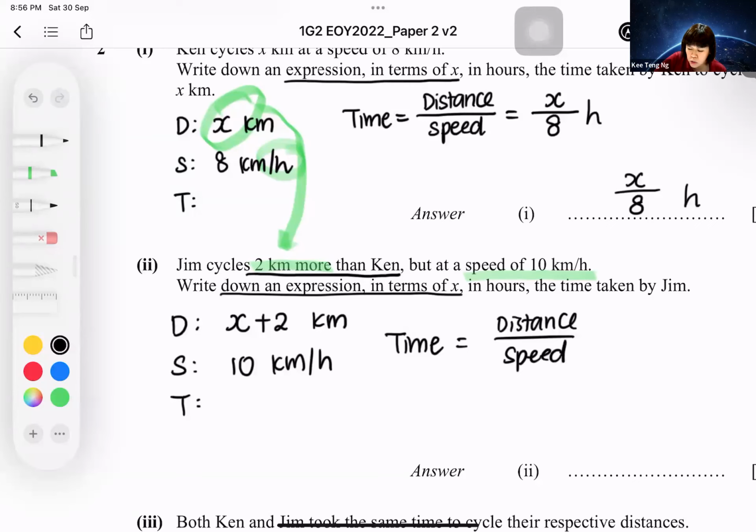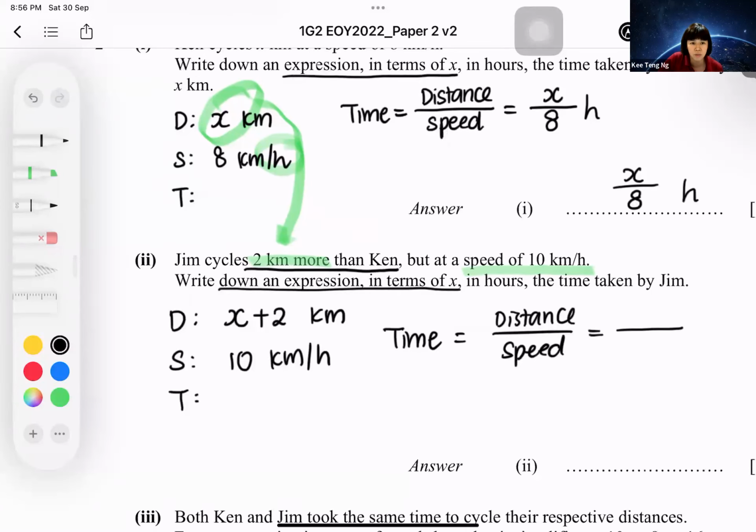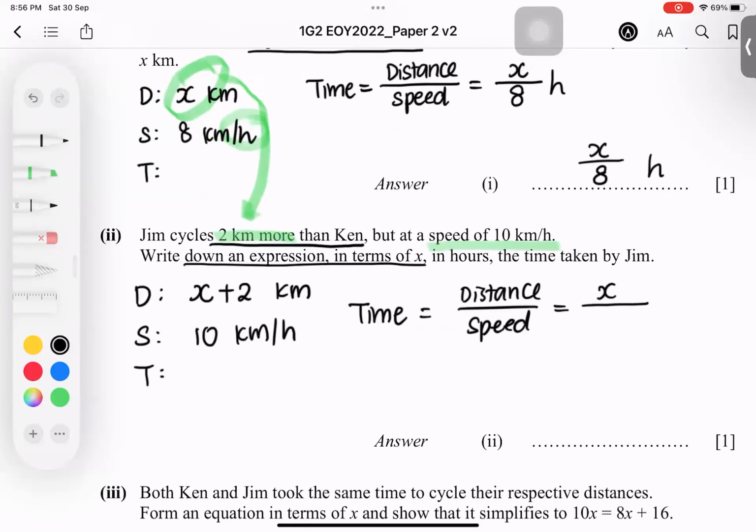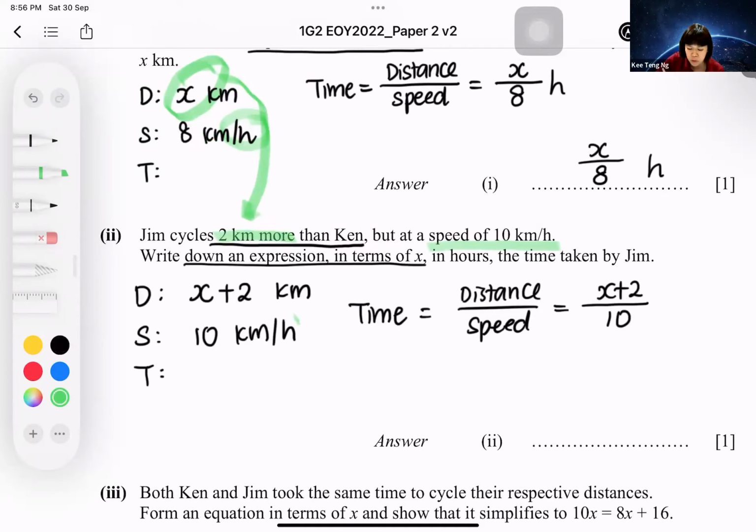What is the distance by Jim? X plus 2. And what is the speed? 10 kilometers per hour. So finally, the time, take note of the units. This one is hours. So it will be X plus 2 over 10 of an hour.